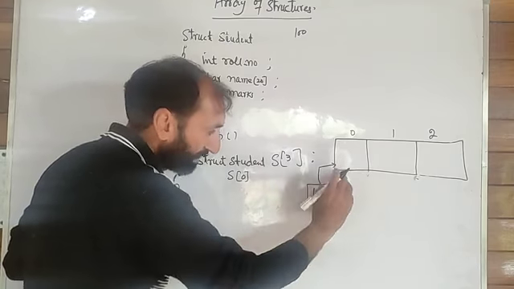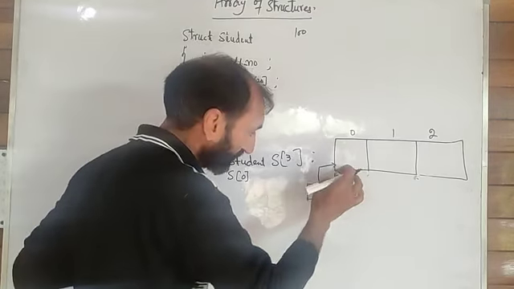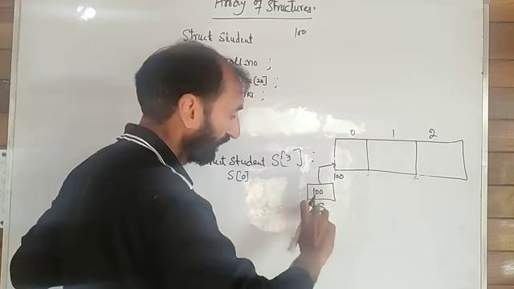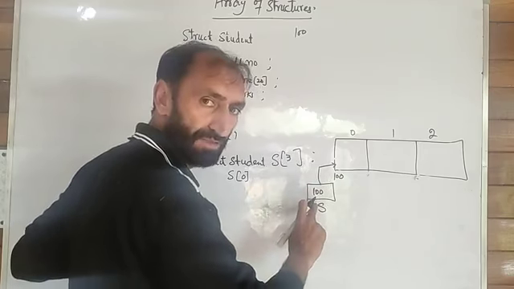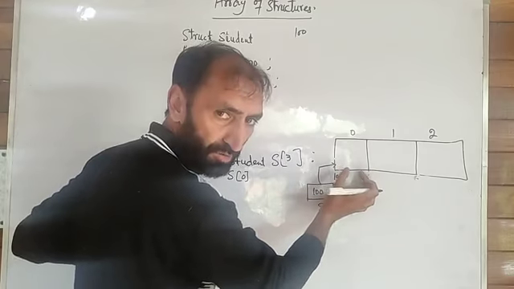For example, we assume that the starting address of this is 100, and by default this S contains the address of the first element. So we can say that S is pointing to this location in the memory.